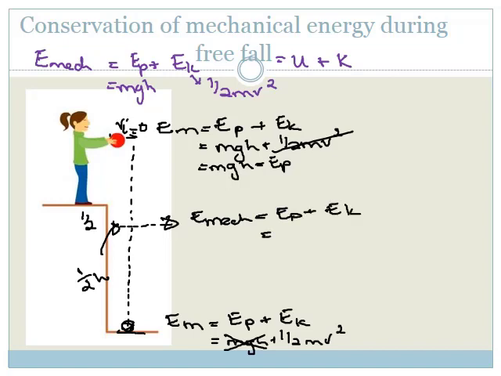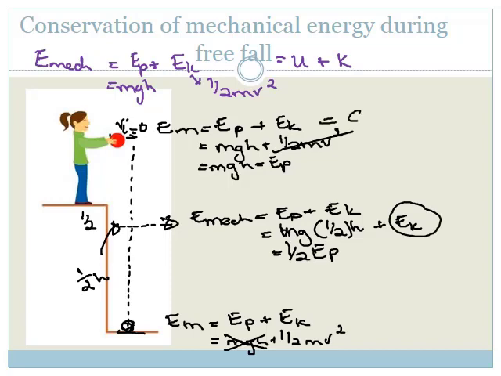But now the EP is mg times half the height, plus your EK, which means that this is a half EP, which means that what has EK got to be? EK over here was 0, but now the EK has to equal a half EP. So therefore, we can see that the EK has got to have gone up.